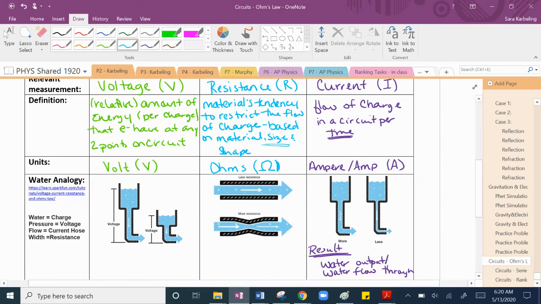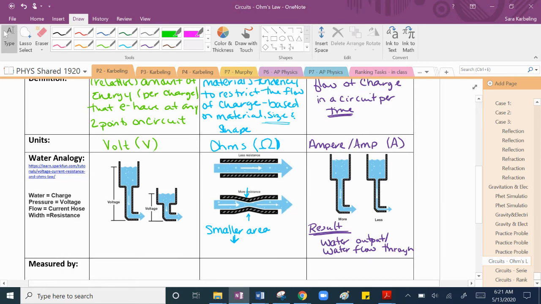Okay, so in this case, if we cause the tube or the resistor, because that's what's stopping the flow, if we change the size of that, then we're going to get a different current, right? So we have a smaller area in this case, and that smaller area leads to a more restricted flow.